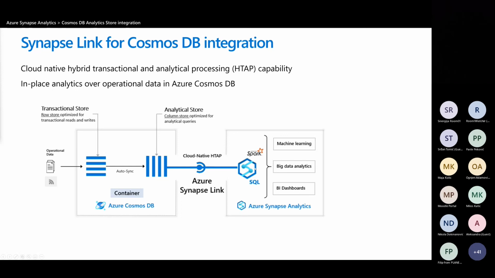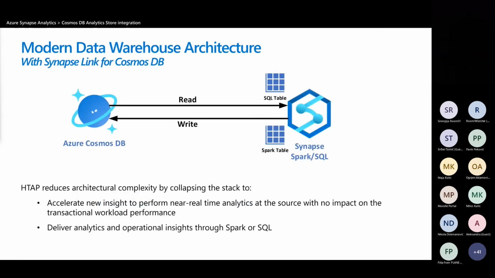So that makes your Synapse Analytics even more powerful for machine learning, big data analytics, or BI. You can use the integration between Cosmos DB and Synapse Analytics to provide the best of both worlds, again without going into different tools or different places to get what you need.